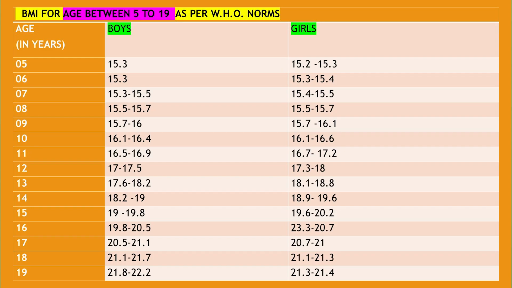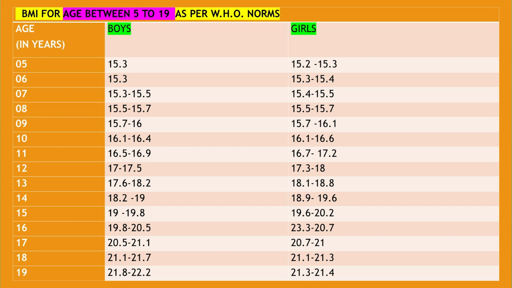The average ideal BMI is about 15.3 for boys, whereas in girls it ranges from 15.2 to 15.3. Take the middle age of about 12 years: for a boy it becomes about 17 to 17.5, whereas for a girl it becomes 17.3 to 18. So it is more, you can see.